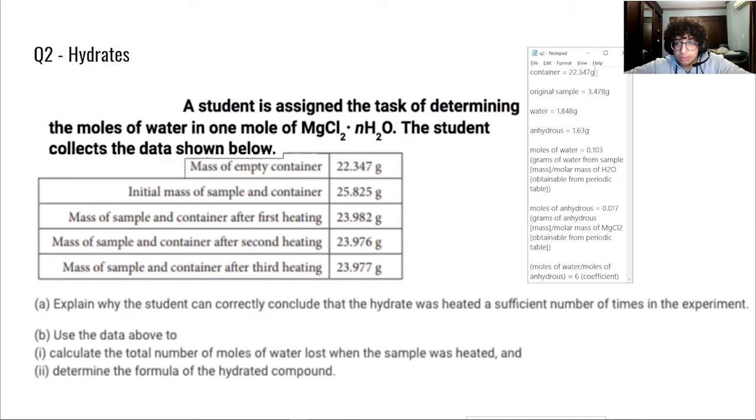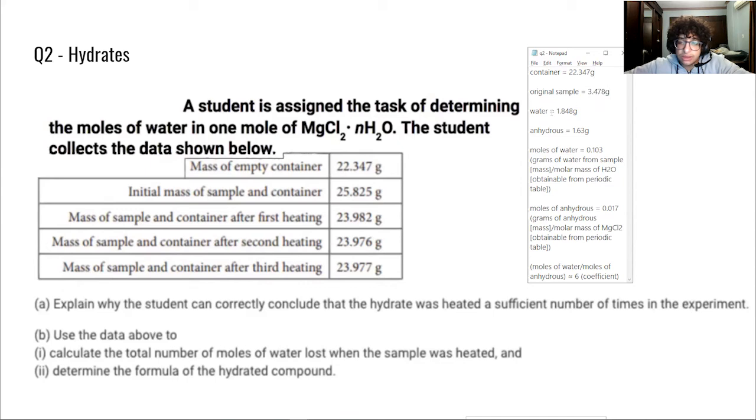If you have the time to make it easier for yourself, you can just subtract all of these by 22.347. Anyway, the original sample is 3.478 because we have the initial mass of sample in the container. You subtract 25.825 and 22.347, you get this.